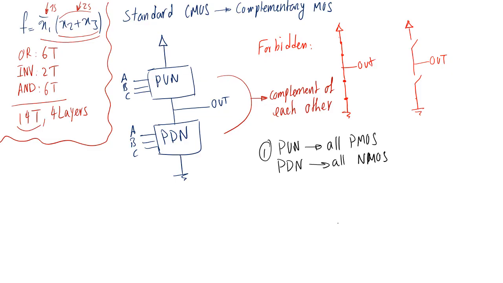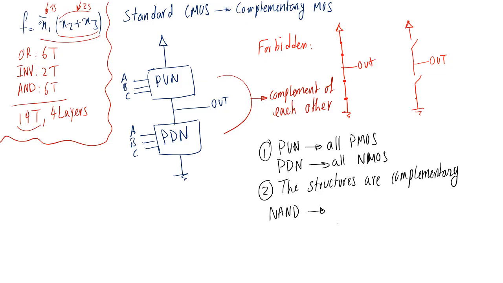Okay. Number two, the structures are complementary. What do we mean by that? If you look at, for example, the NAND gate, we had two parallel PMOSs and two series NMOSs. So whenever I had series NMOS, I had parallel PMOS.